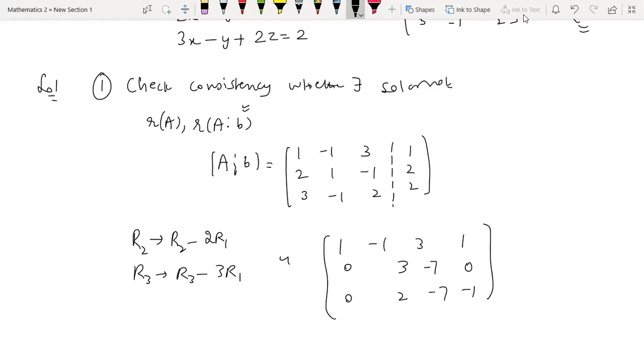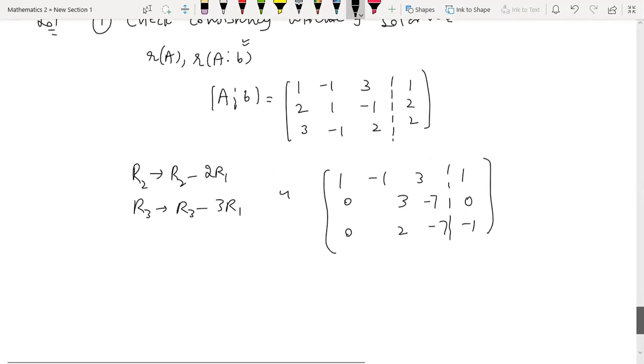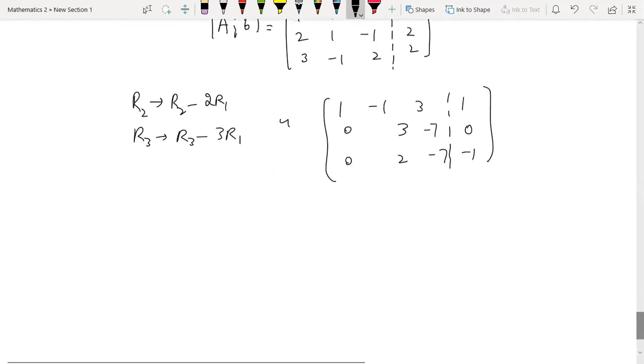So what is the point to remember here? That on the right hand side column also the operations need to be applied, right? So operations will be applied on B also. This is a part of your matrix. Although we have theoretically written it separately, showing a partition, you have to apply operations on the last column also.